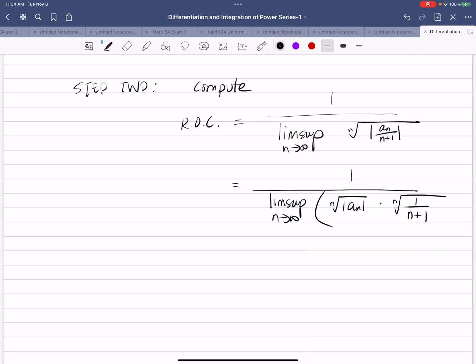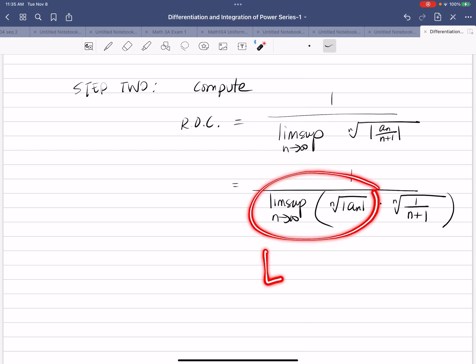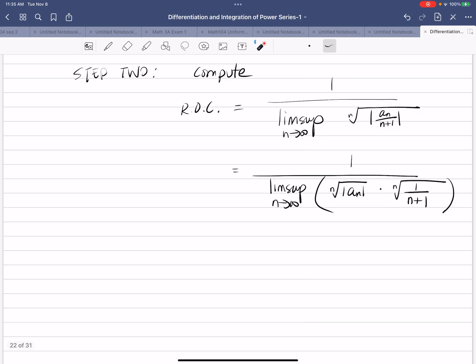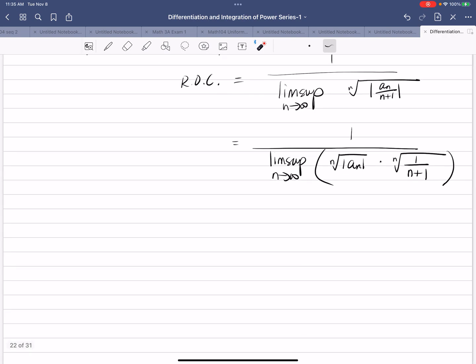So if I know that this converges to some limit L, then the lim sup of this times this will be the same as L times the lim sup of just this. Okay, and that was from our limit laws earlier in the semester.